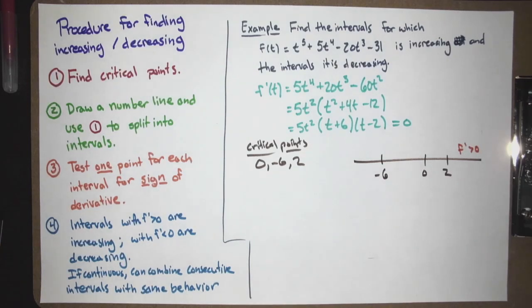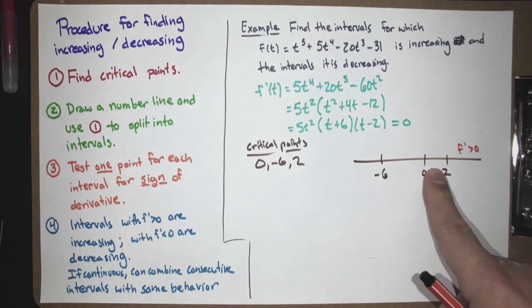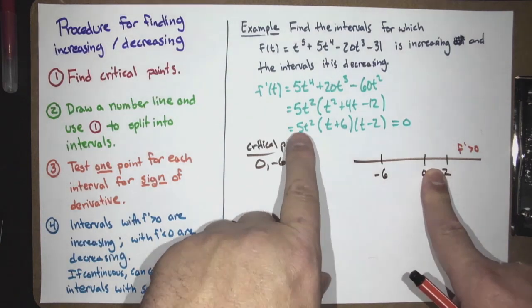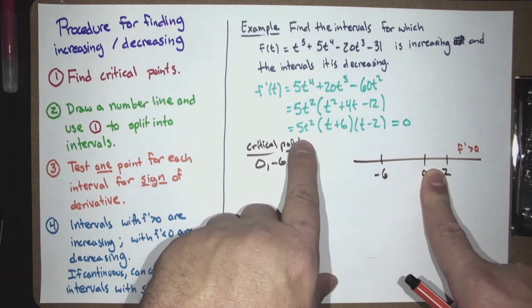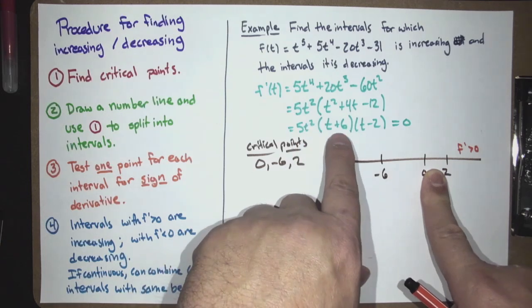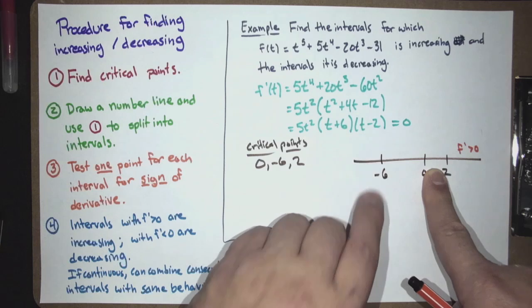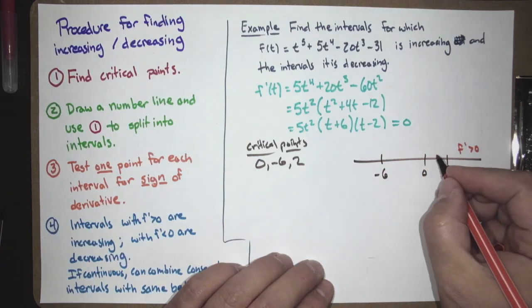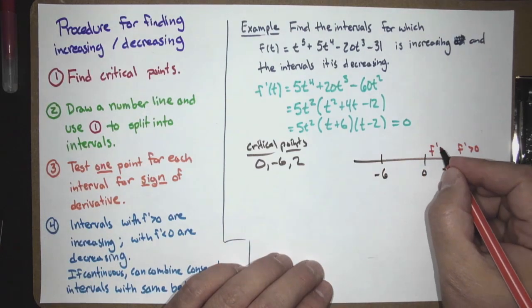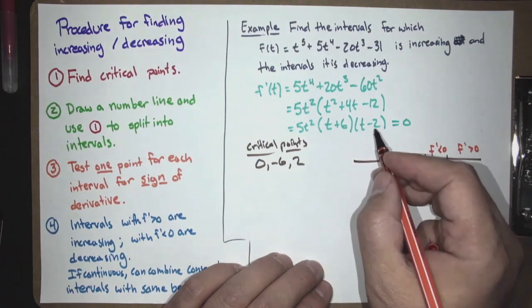Okay, what's the convenient number between 0 and 2? 1. Start plugging in. We get positive, positive, negative. End result? Negative, right? A plus, plus, and a minus.